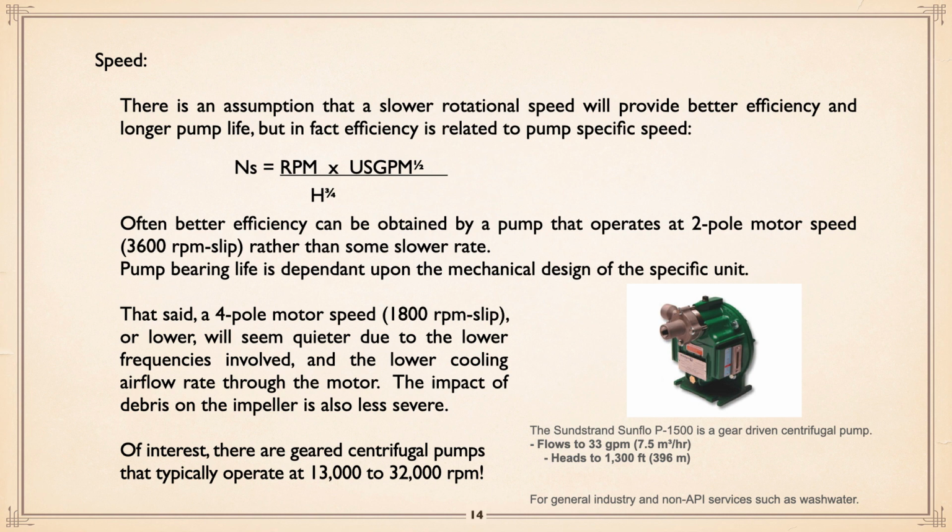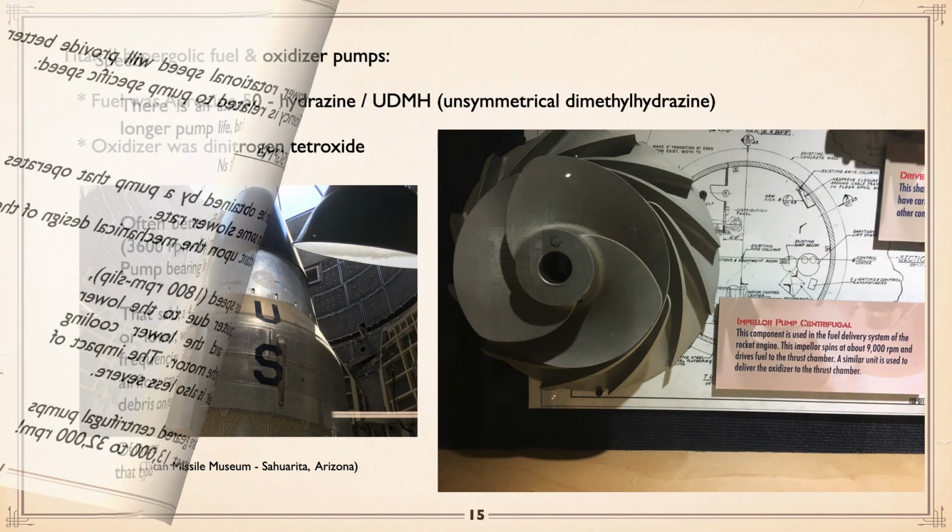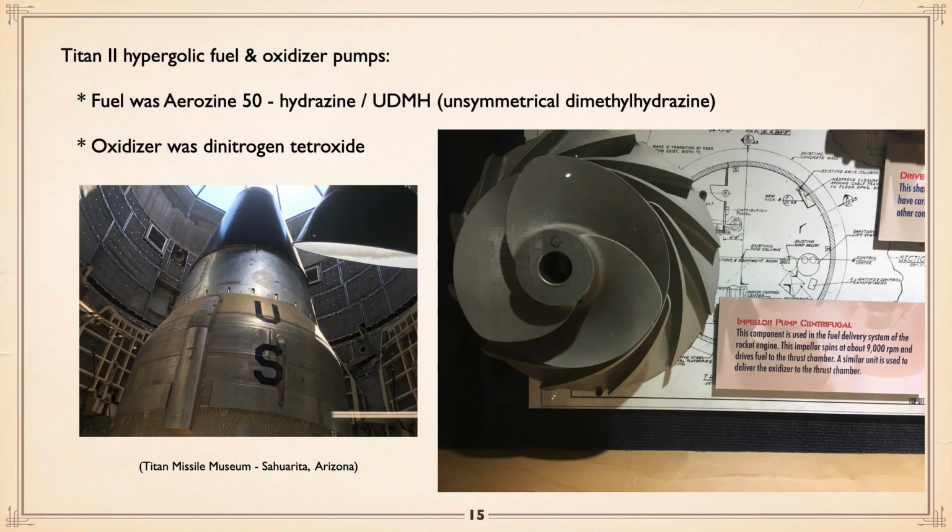Okay, now that concept, and actually this is where the idea originally came from, was the V2 rocket, which had a very high speed impeller. And here's a typical one. This is out of a Titan II missile, which had hypergolic fuel and oxidizer. Basically, what that meant, hypergolic, by the way, is they didn't need to ignite it.